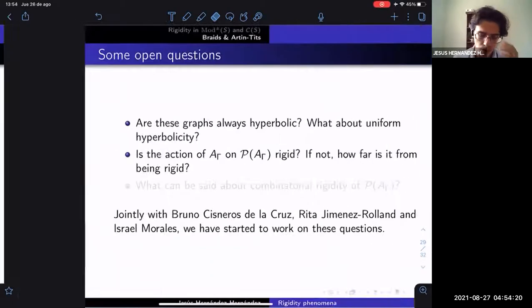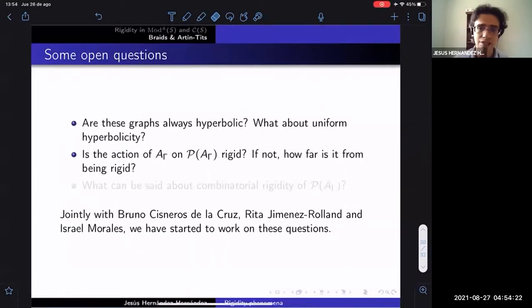Another open question would be if the action of the Artin-Tits groups is rigid here, as in if every automorphism of the parabolic subgroup graph is obtained from a conjugation of the Artin-Tits group. And if it is, great. If it isn't, how far is it actually from being rigid?